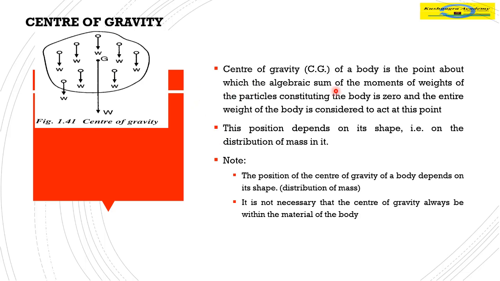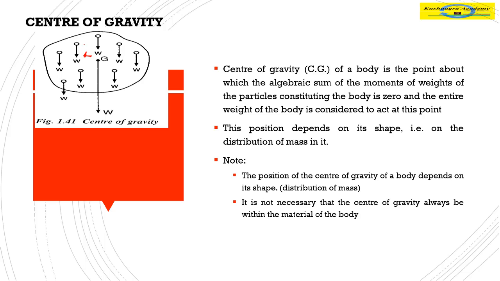So again, we'll go into the definition. What it says is a point about which the algebraic sum of the moments of the weight of the particle constituting the body is zero. So what we have seen, we can add all the moments, the clockwise moment and the anti-clockwise moment, and at the point G, these moments will be zero. G can be, we can consider any one point, for example, here.